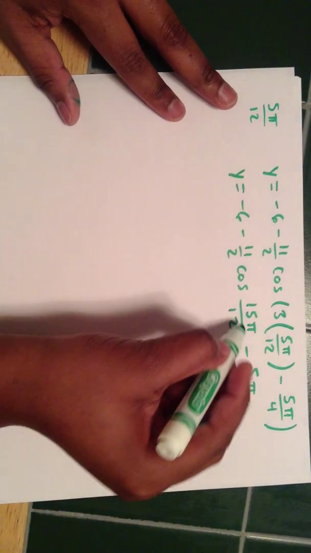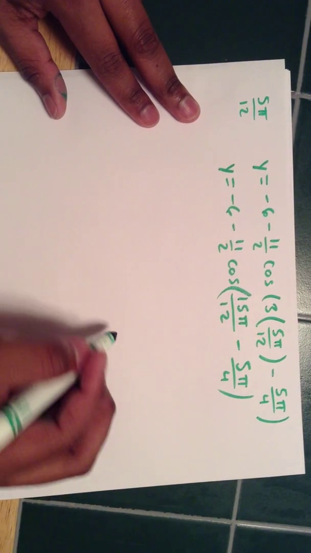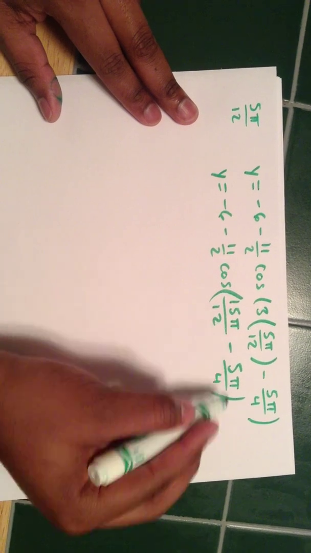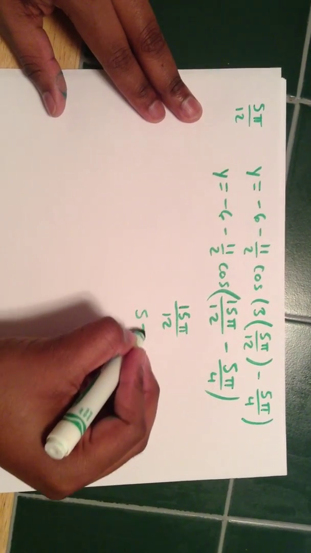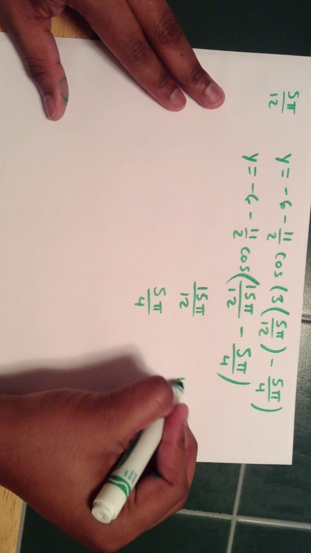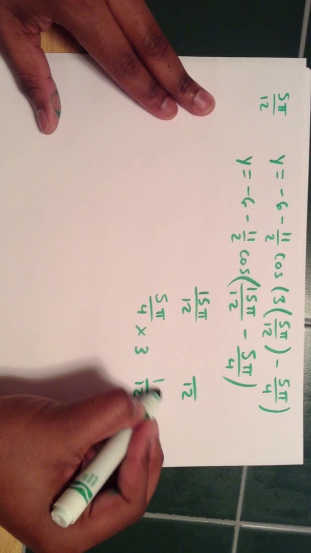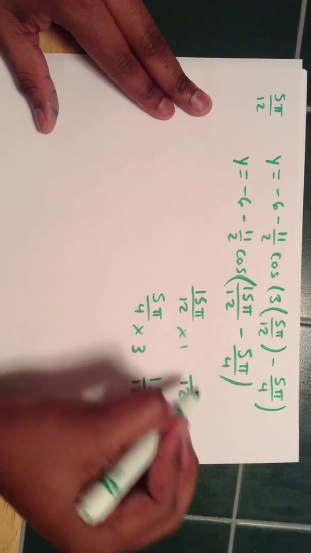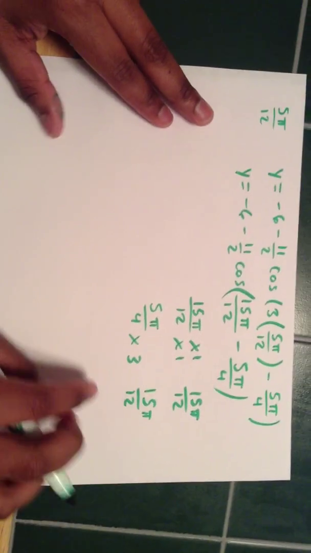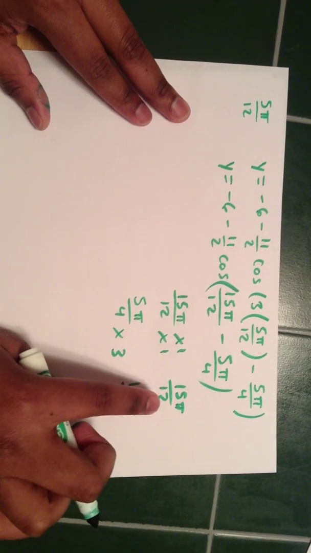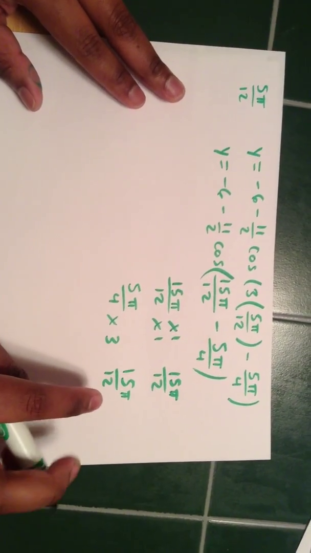Right? Then, to get this answer, before you could take the cosine, you would have to subtract these. So 15 pi over 12 minus 15 pi over 12, common denominator, okay, you see they are the same, is equal to 0.